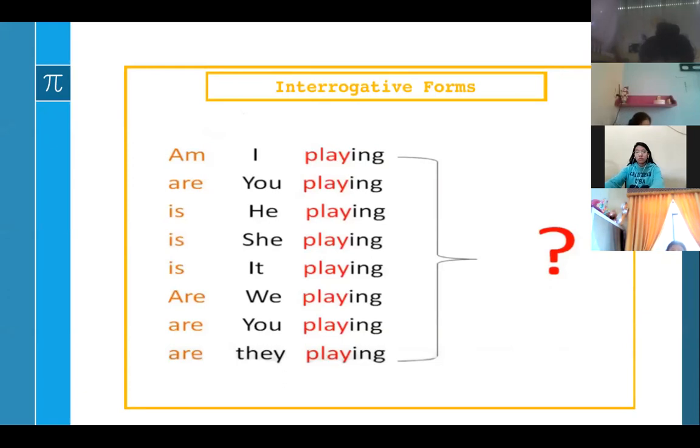Are we playing tennis? Are you playing tennis? Or are they playing tennis? As you can see, I only changed the position of the verb and the subject. Now the verb is first. Ahora el verbo va primero, chicos. ¿Sí ven? Okay. Be careful with this. Mucho ojo con esto, ¿verdad?